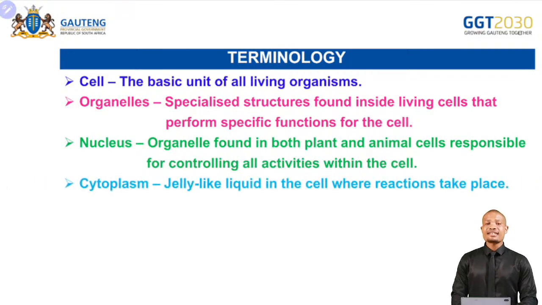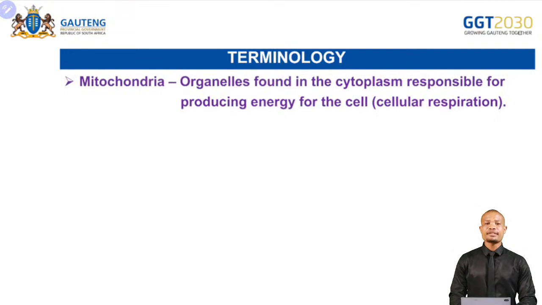The next one is the cytoplasm, which is a jelly-like liquid in the cell where chemical reactions take place. The next term is the mitochondria. Mitochondria is a plural form of the word mitochondrion. They are organelles found in the cytoplasm and they are responsible for producing energy for the cell, which we term as cellular respiration, the name of the process.